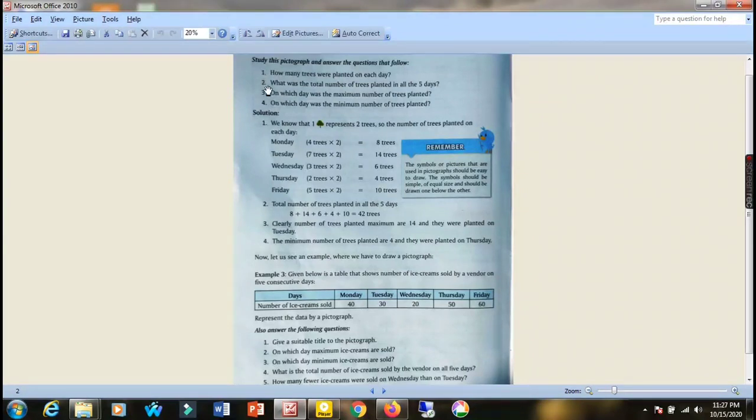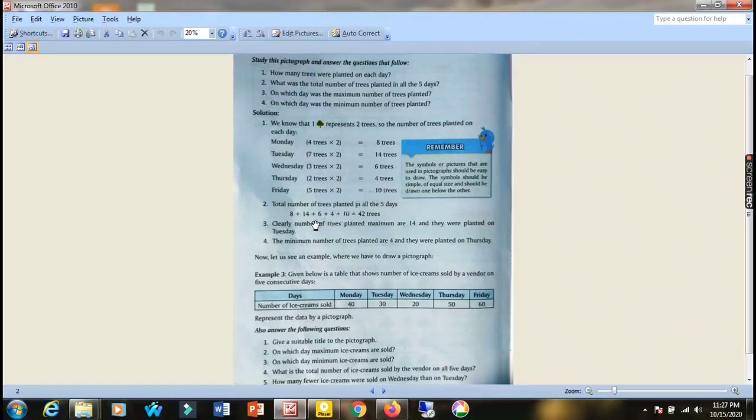Now let us come to question number 2. What was the total number of trees planted in all the 5 days? So let us add 8 plus 14 plus 6 plus 4 plus 10.